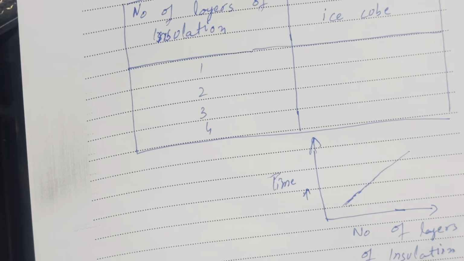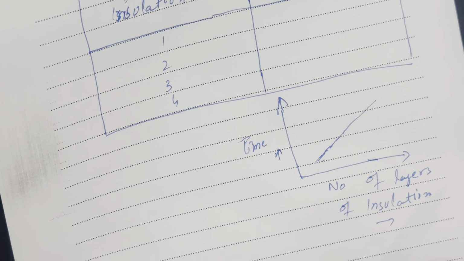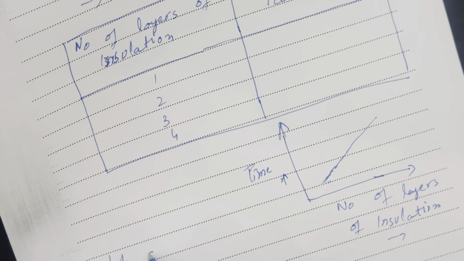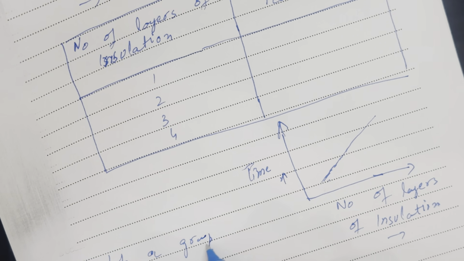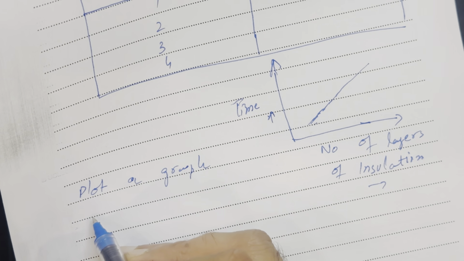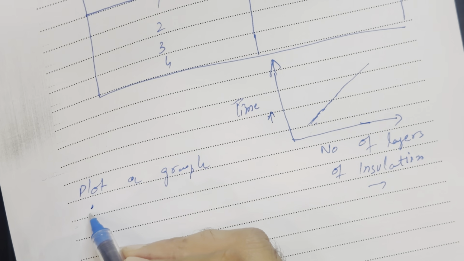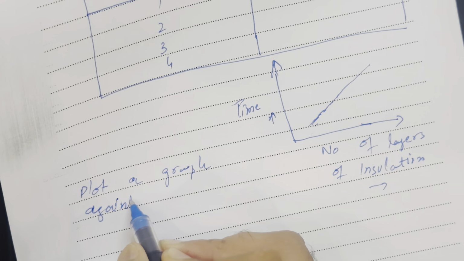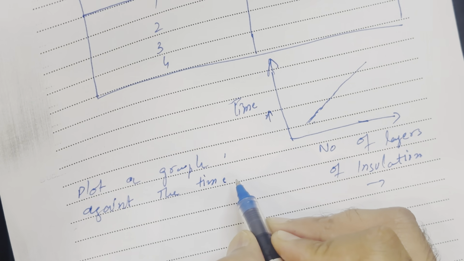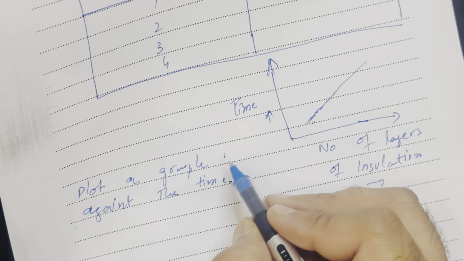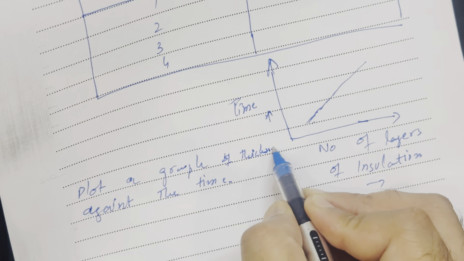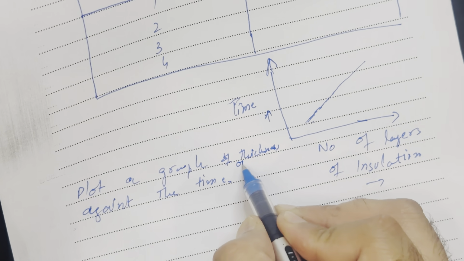So it would be a linear relation. Plot a graph of thickness of insulation against the time.